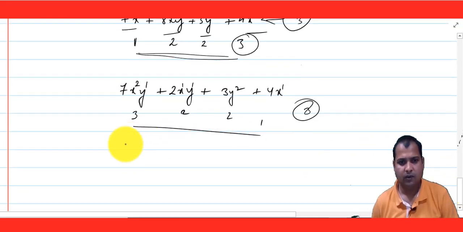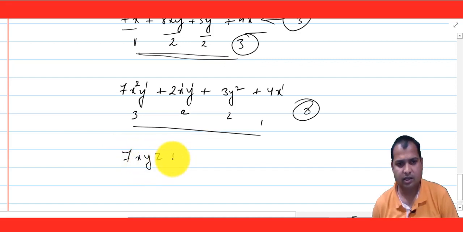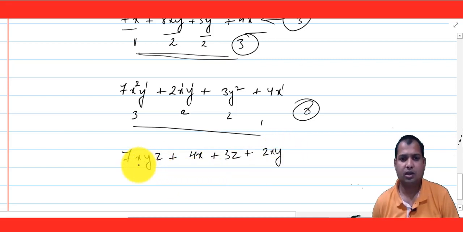Now if I have something like this, 7xyz plus 4x plus 3z plus 2xy. Here if you see, x to the power 1, y to the power 1, z to the power 1, so the sum of the power will be 3.